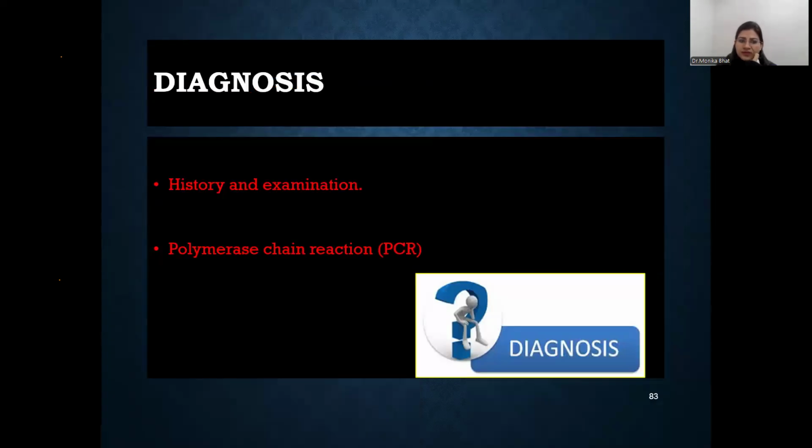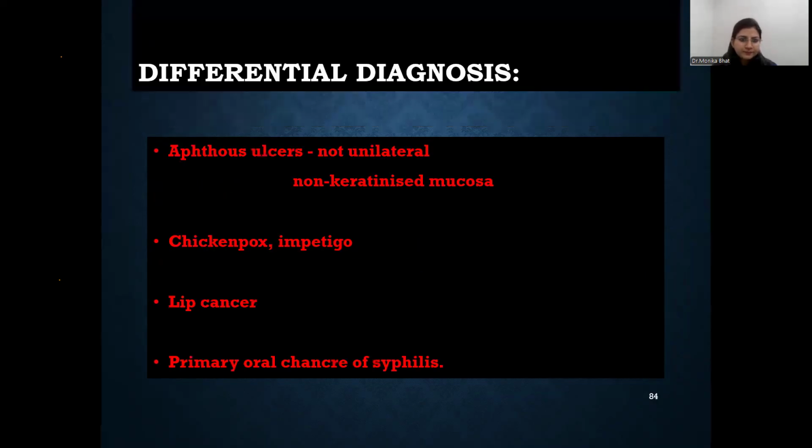Again, the diagnosis is based on the history and the examination, or we can go for the PCR test. The differential is aphthous ulcer, which usually is non-unilateral. This is unilateral, and chickenpox, lip cancer, and the primary oral canker of syphilis.